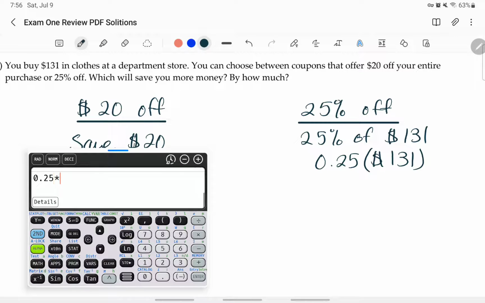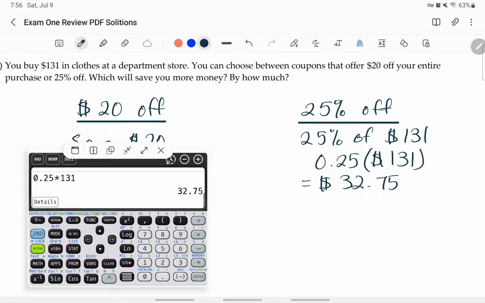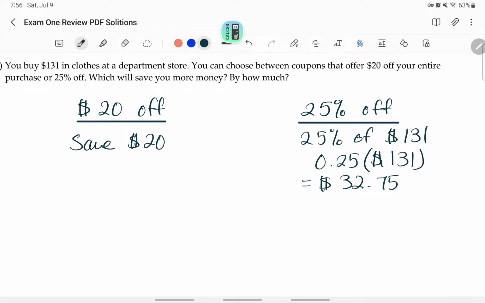This is going to be equal to $32.75. So you're going to save with 25% off $32.75.